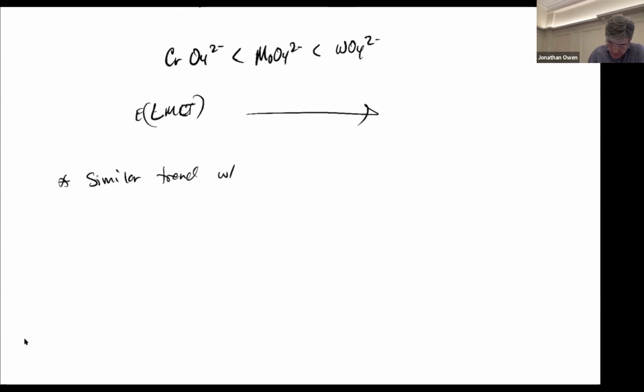Similar trend with ligands. Take a look at osmium hexaiodide. Now we're doing osmium 3. So that makes this a 3- compound. No, we're not doing that, sorry. We're doing osmium 4.